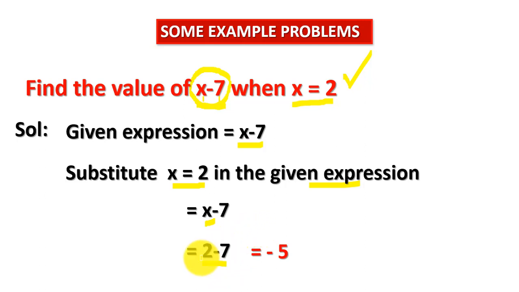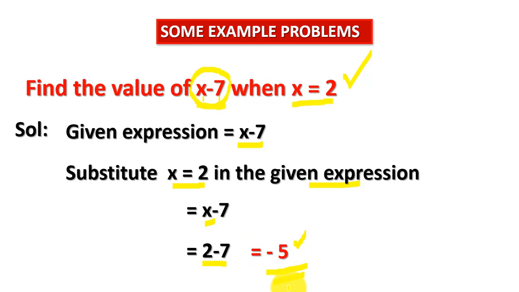When two numbers are having opposite signs, then you should subtract it. That means 7 minus 2 is 5. The resultant should get the sign of the bigger number. What is the big number here? 2 and 7. What is the big number? 7 is the big number. What is the sign of it? Minus. So answer is minus 5.